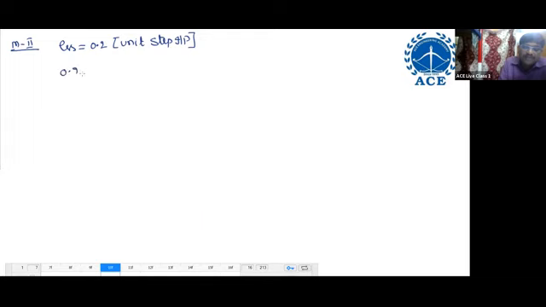0.2 equals what is the steady state error? A by 1 plus K. Now here what is K? K is numerator constant by denominator constant, in G of S, when H of S equals 1, as I told very clearly.